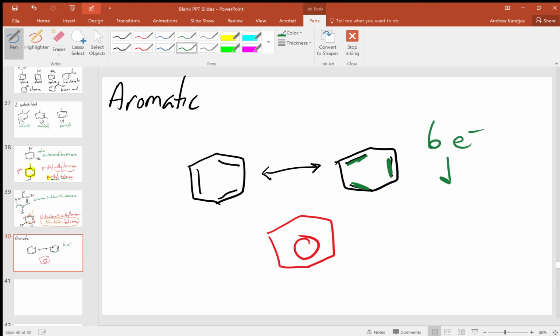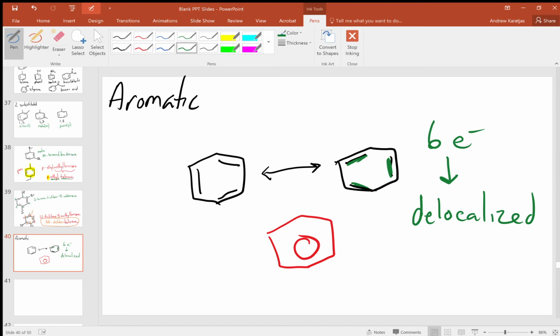And what we're saying is that those 6 total electrons are actually delocalized throughout the entire aromatic ring. And anytime we can share electrons, we can spread out electrons, that's something that's very, very stabilizing for a molecule.